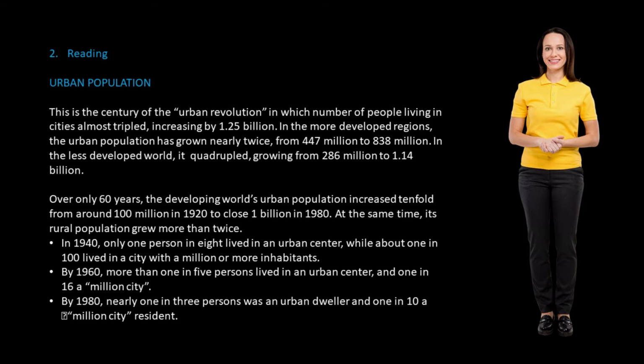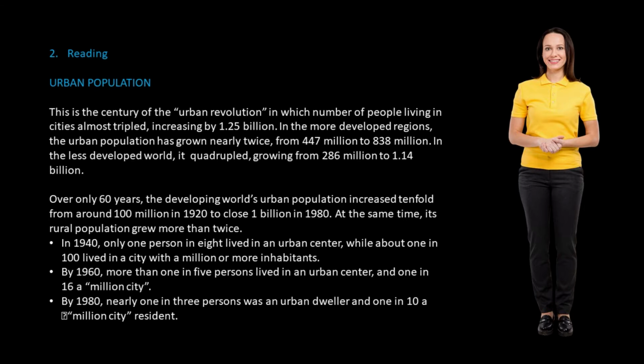Over only 60 years, the developing world's urban population increased tenfold, from around 100 million in 1920 to close to 1 billion in 1980. At the same time, its rural population grew more than twice. In 1940, only 1 person in 8 lived in an urban center, while about 1 in 100 lived in a city with 1 million or more inhabitants.